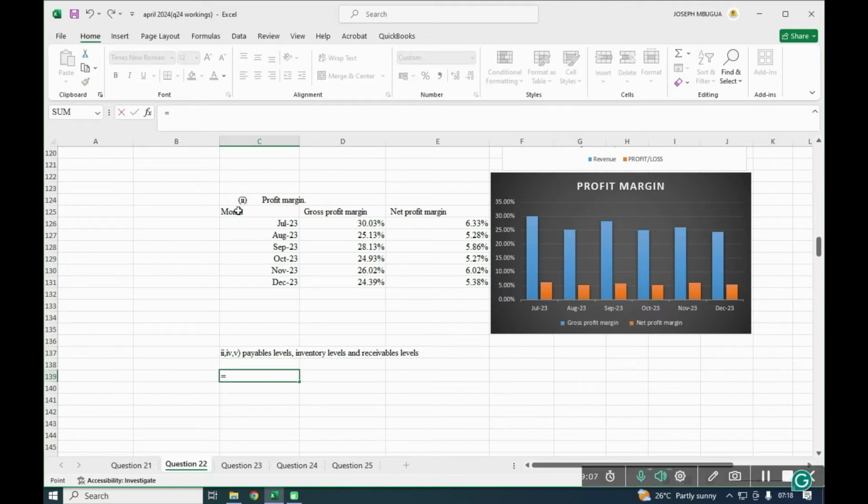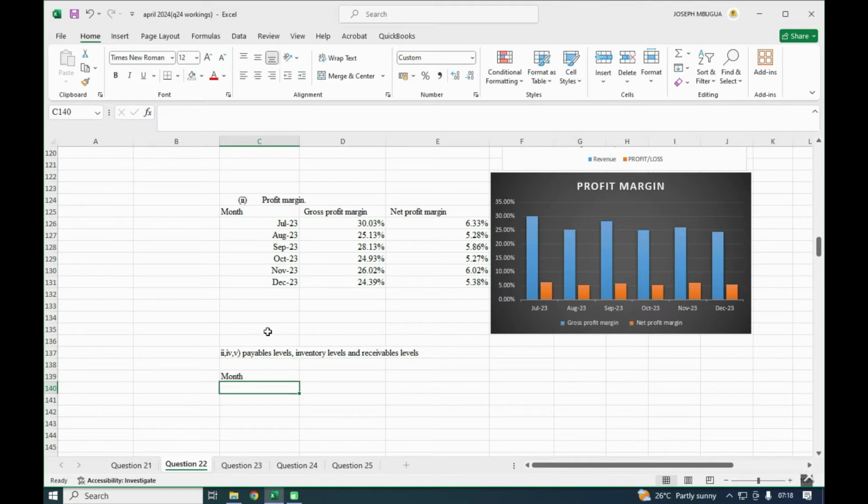So we shall have the month, July to December.